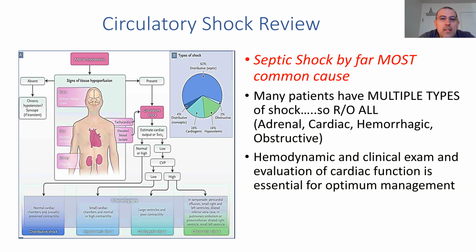As we look at this, first we'll come over here to A, and we'll look at, is there arterial hypotension? The first question we need to ask ourselves is, are there signs of tissue hypoperfusion? There might not be. And if there are no signs of tissue hypoperfusion, perhaps this is simply chronic hypotension. How often are we called to the emergency department to evaluate a patient who has a systolic blood pressure of 90?